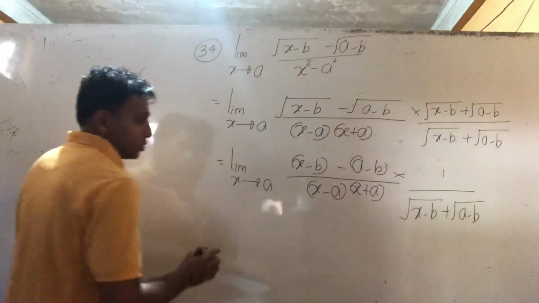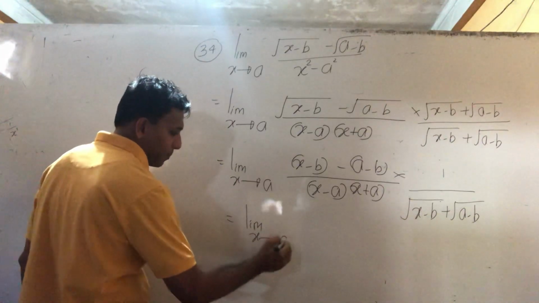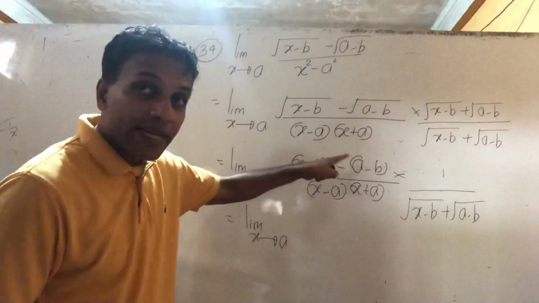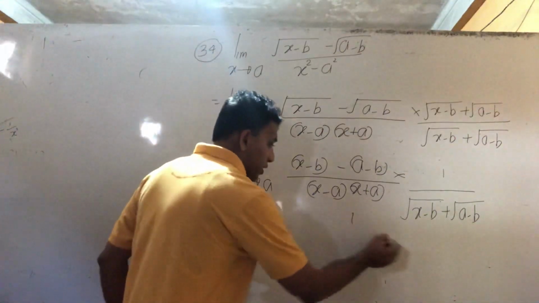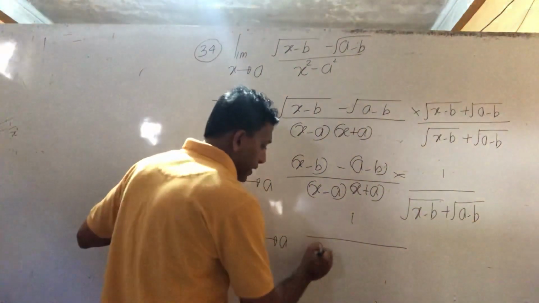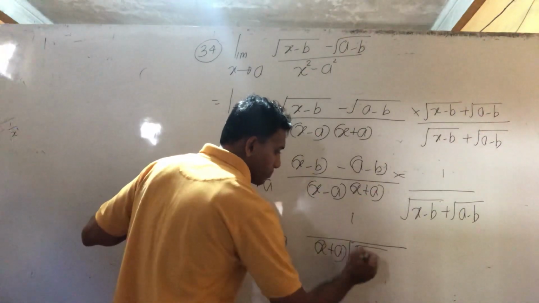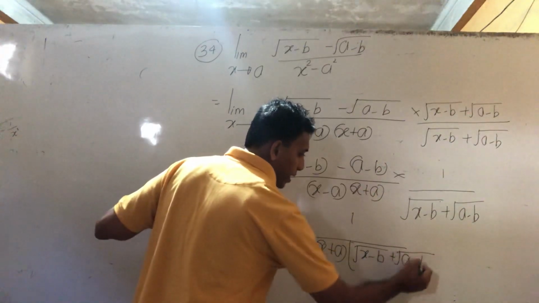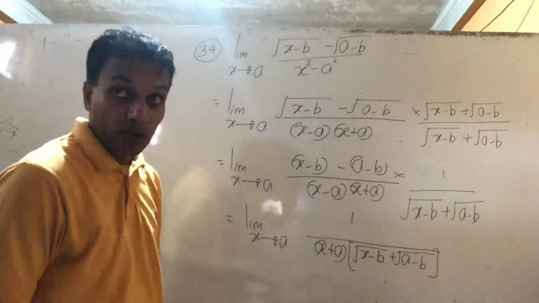So limit x tends to a. See what happened here: minus b plus b cancel, x minus a is available, and below also x minus a, cancel, right? The 1 over x minus a cancels. So the remaining part is x plus a and the square root of (x minus b) plus the square root of (a minus b). I hope you have already done this problem as homework I gave in the last second video.